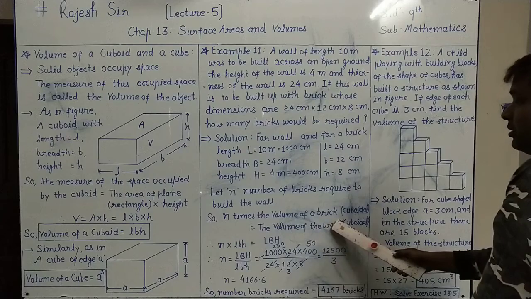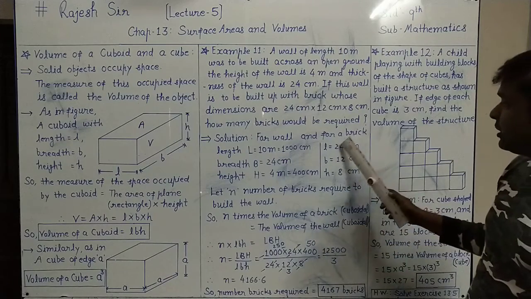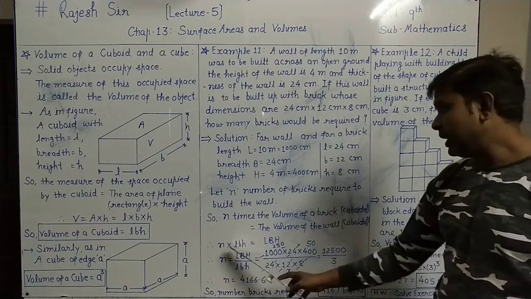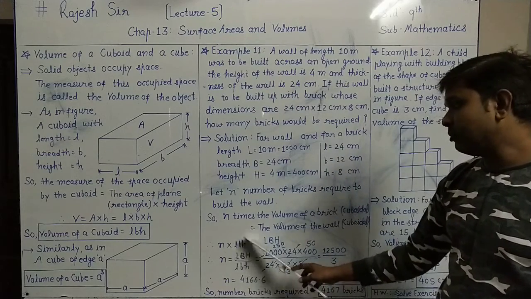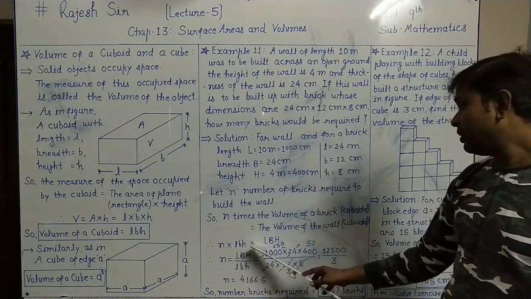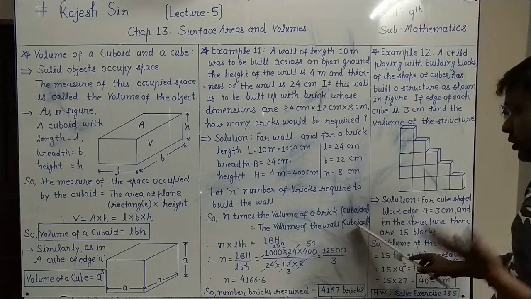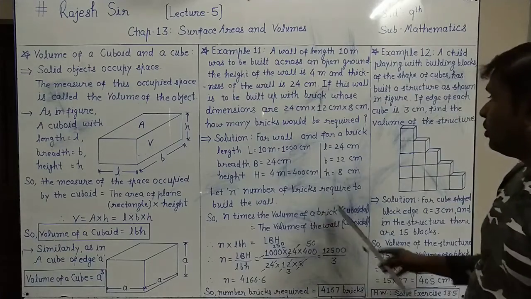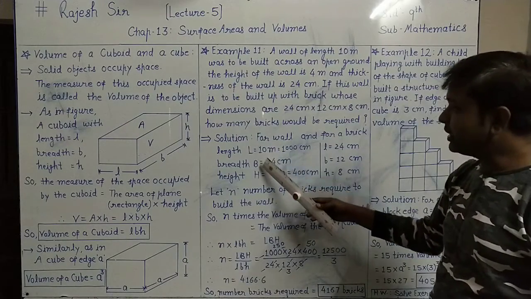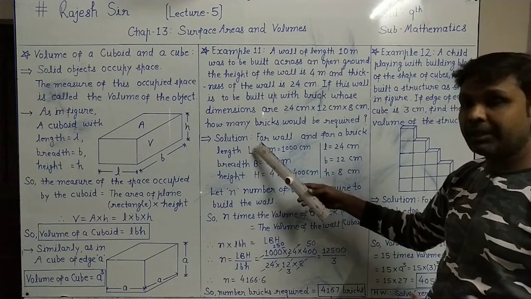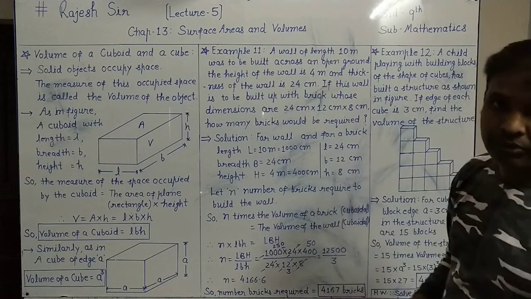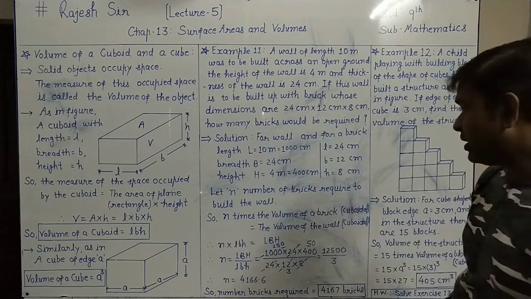In the brick's volume we take small letters l into b into h for the brick's dimensions, equal to the volume of the wall, which is also cuboidal. The formula is L into B into H, but the wall has different length, breadth and height, noted as capital letters L into B into H. So capital letters are used for the wall formula.